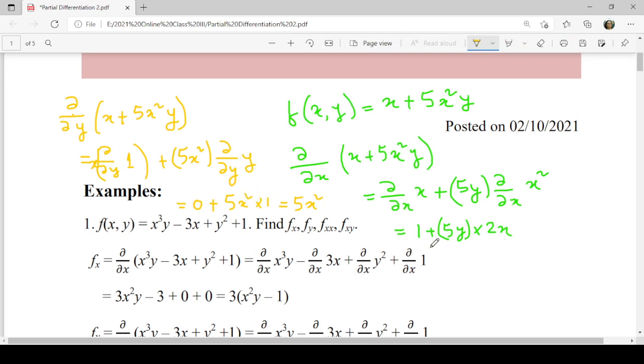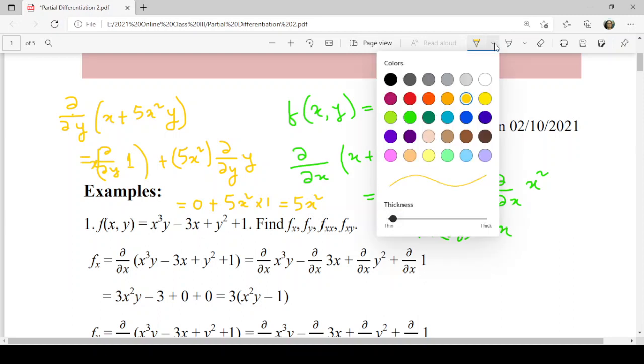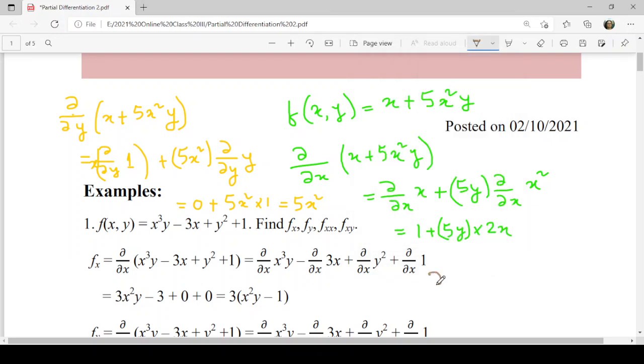Suppose you are to find del z of x plus 5x square y.